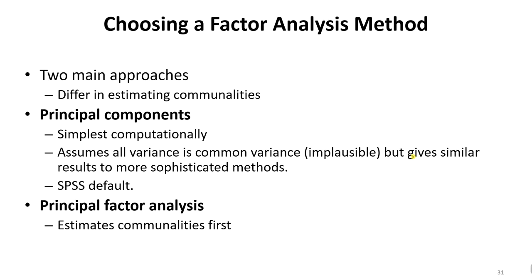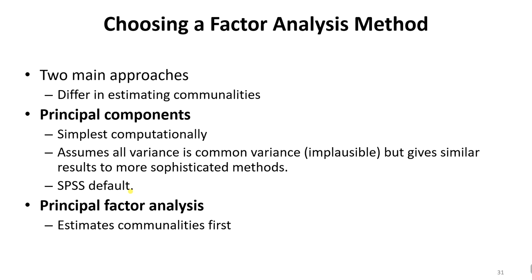But in the name of factor analysis, if you survey the research literature, you will find that the majority of researchers follow principal component analysis. One probable reason is that this is the SPSS default. So those who are very new may be going with the default version, and therefore they might be reporting principal component. But the other reason for doing principal component analysis is the computational simplicity.